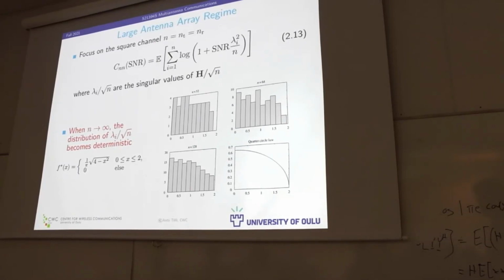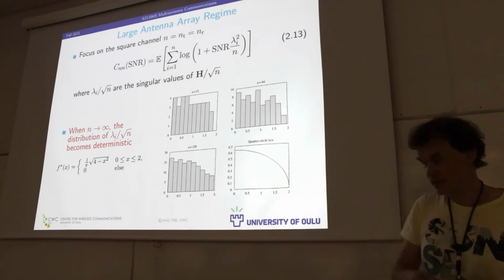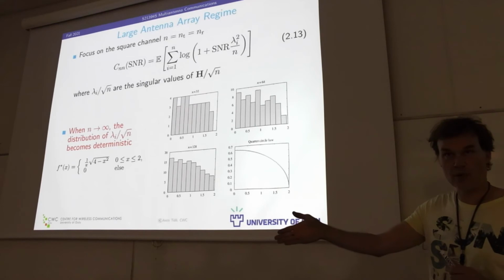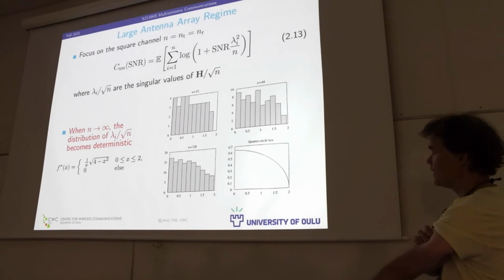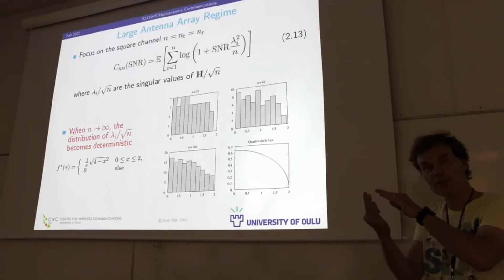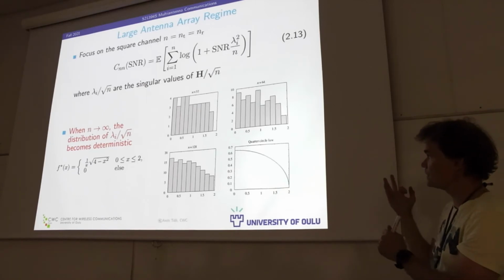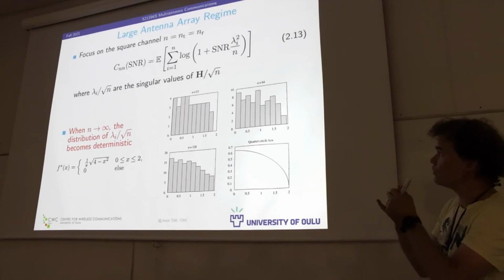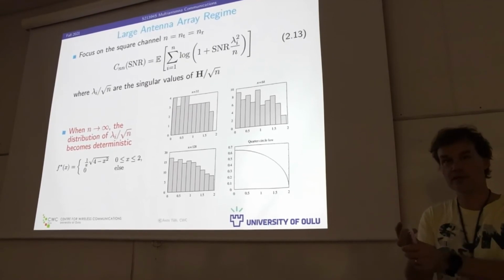When you go to higher frequencies, you need to increase the number of antennas to overcome the increased path loss by directing or focusing the transmitted power to a point in space. And therefore, it's interesting to see what happens. There are two scenarios: the number of antennas increases while keeping the number of streams fixed. We have that case also covered. Another interesting scenario is where both the number of antennas and streams increase with a fixed ratio.